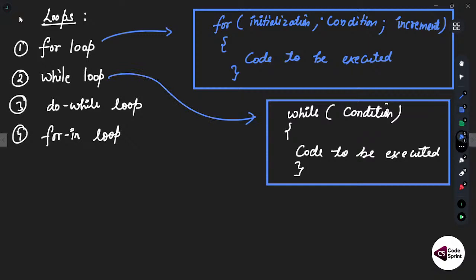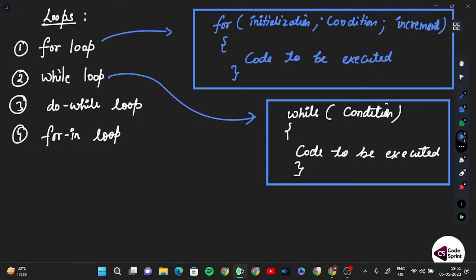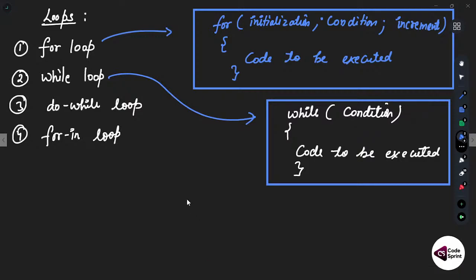Afterwards we have a do while loop. Let's quickly see how. Firstly, the do block, then afterwards we have the while block.